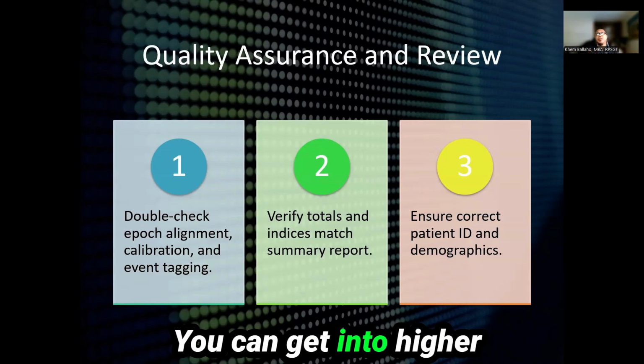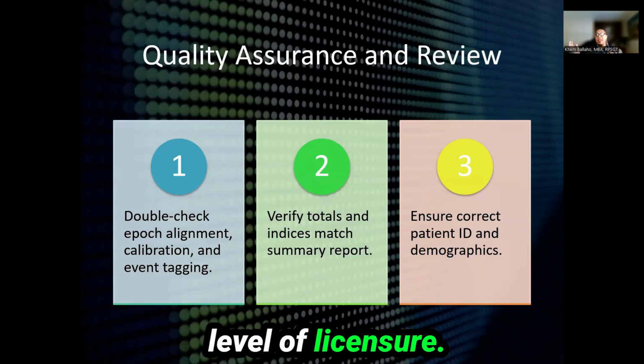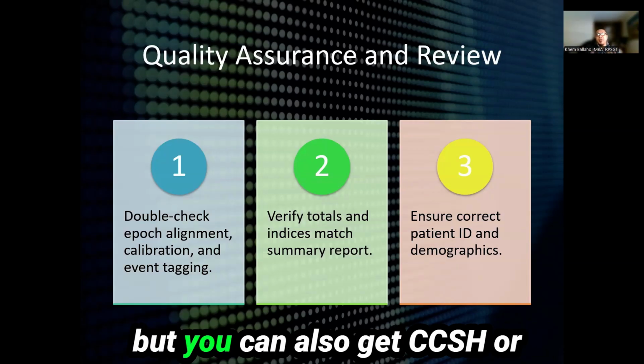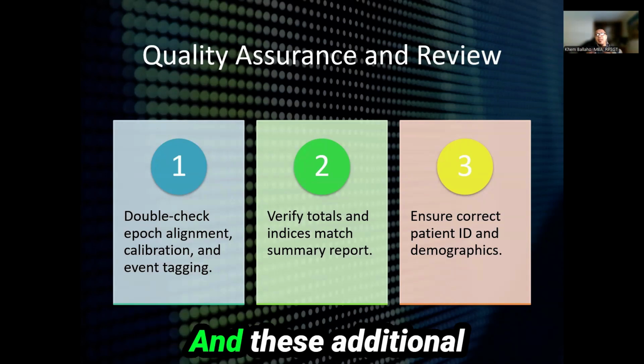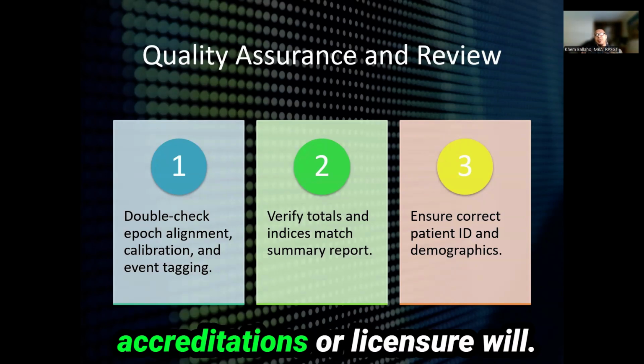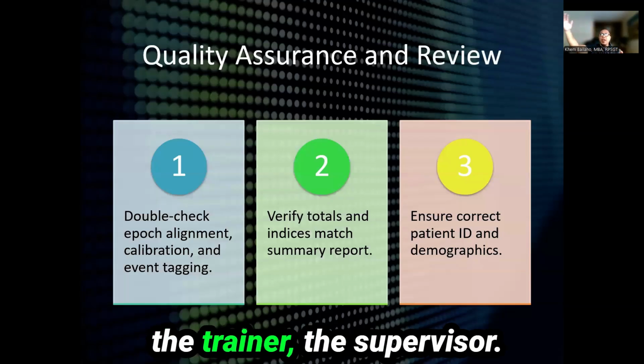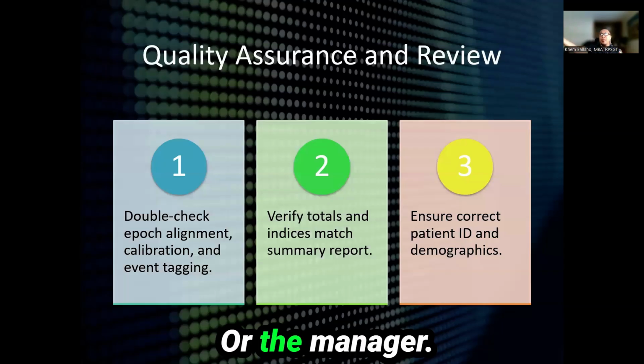You can get into higher level of licensure, like you need to have RPSGT, but you can also get CCSH or Certified Clinical Sleep Health. And these additional accreditations or licensure will name you as more of a day tech, the lead tech, the trainer, the supervisor, okay, or the manager.